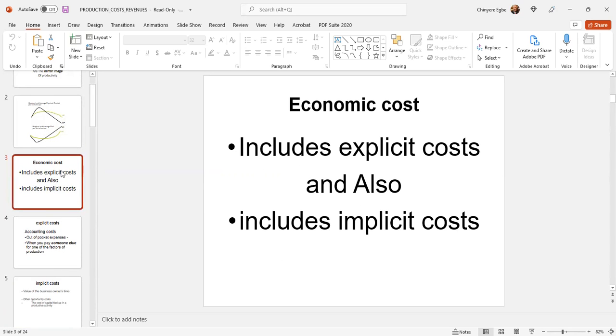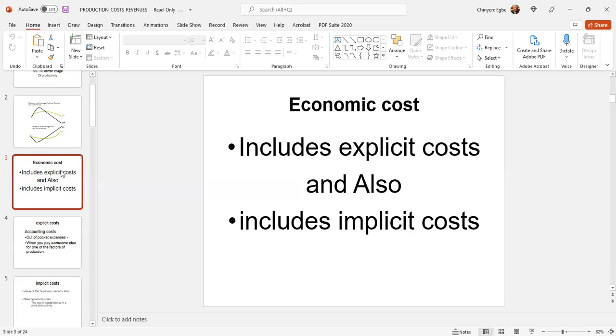Businesses function based on revenues and costs. When businesses operate, they have what you call explicit costs and also implicit costs. Explicit costs are costs that require a business to lay out resources to acquire them.